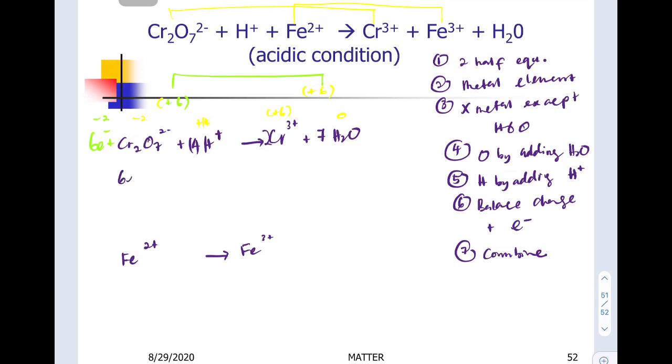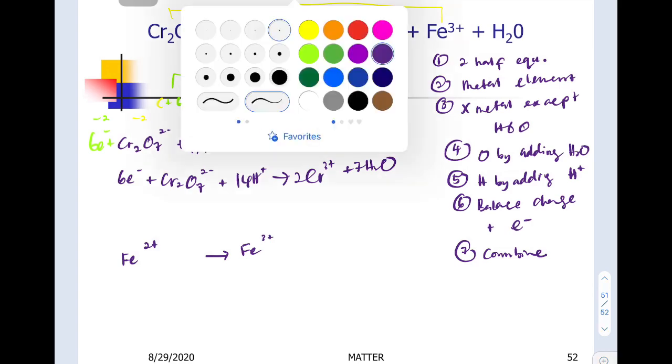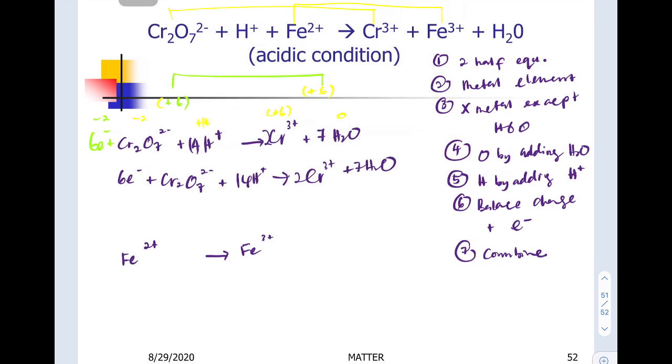So we will have 6 electrons plus Cr2O7 2 minus plus 14H plus produce 2 Cr3 plus 7 H2O. We observe that there are 6 electrons being added to the reactant side. So we know that when electrons are gained, the reaction is a reduction reaction. So this half equation is the reduction.